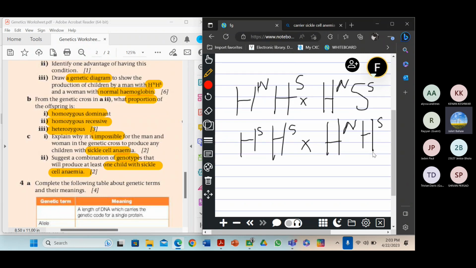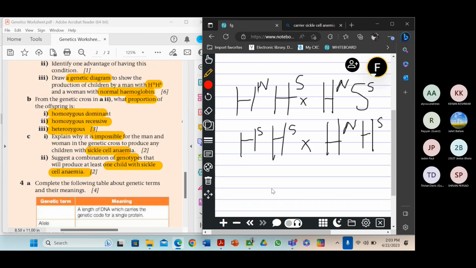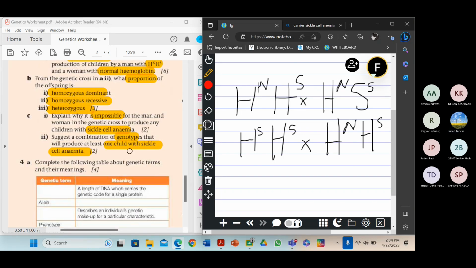Any other cases you think will have a child that has sickle cell? No. If we have normal here with a sickle cell, all children will possess the carrier. So these are the only two combinations here. Right? You can always work it out just to make sure.